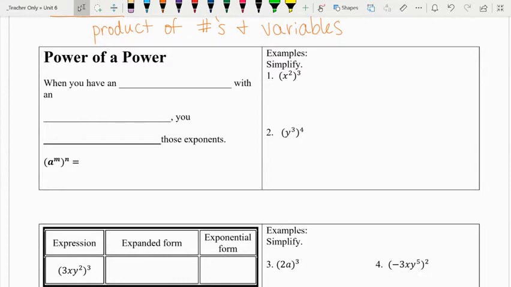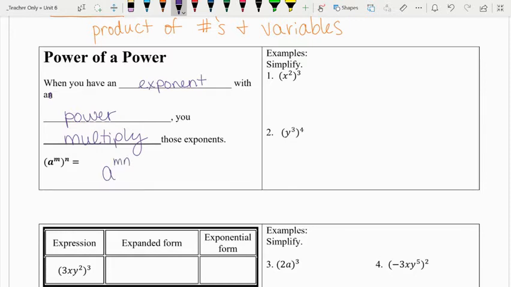So basically what's happening is when you have an exponent with a power, you multiply those exponents. All right, so in other words, a to the m to the n would now become a to the mn.